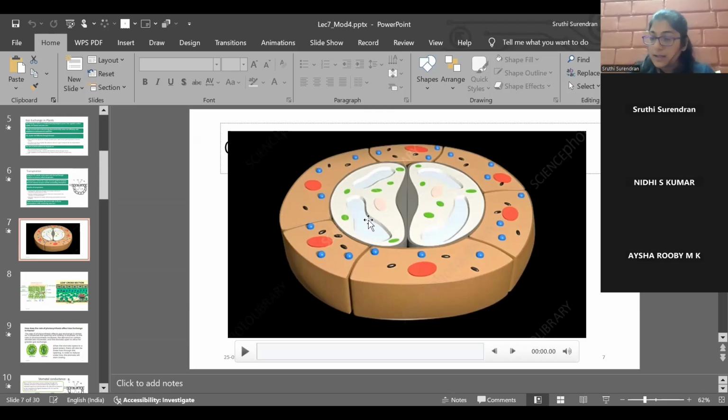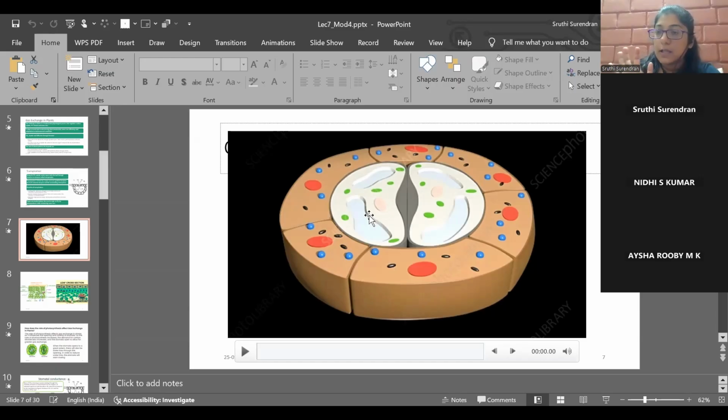Since water travels from a high concentration region to a low concentration region, the osmotic potential, which is the energy resulting from the presence of a high concentration of potassium ions within the guard cell, causes water to be transported from outside the guard cells to the inside. So this is the reason why the stomata opens.